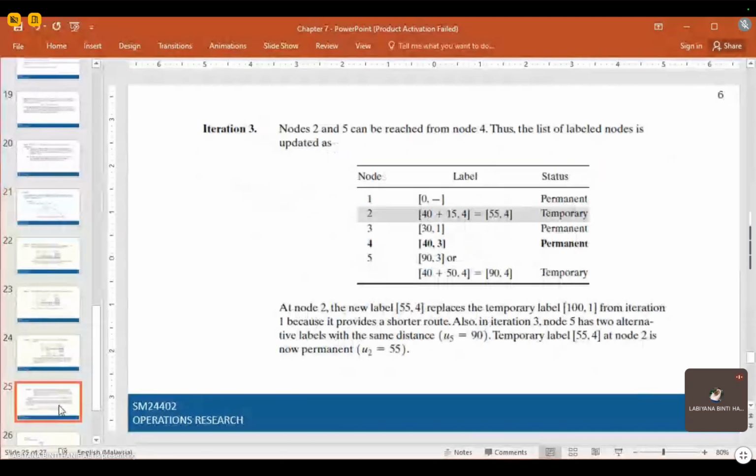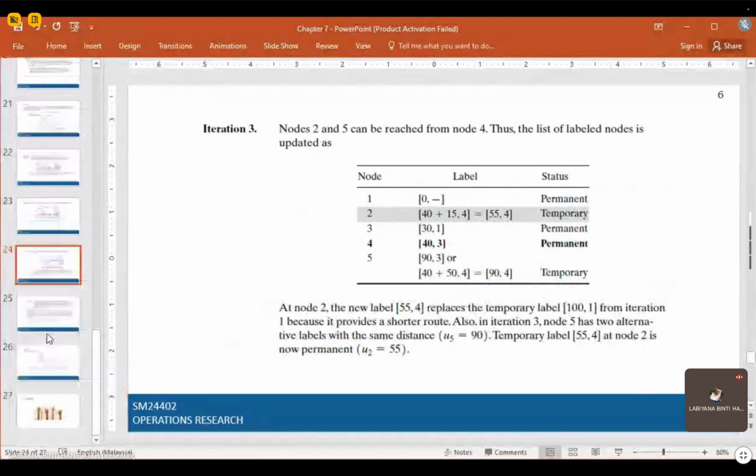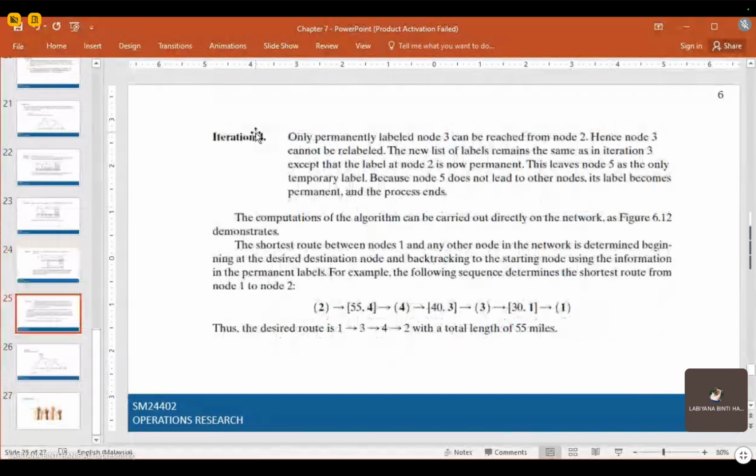So node 2 is now our permanent. We can change this temporary into permanent. So from iteration 3, we can get into iteration 4. Only permanently labeled node 3 can be reached from node 2. Hence, node 3 cannot be labeled.